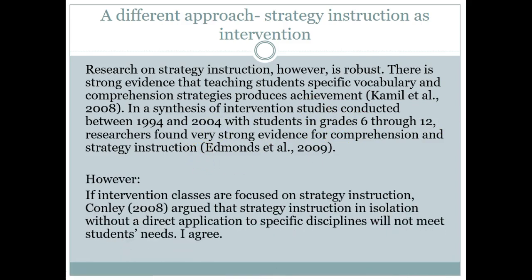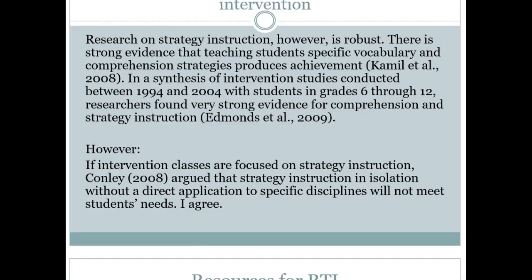However, they do give you the caveat that you can teach strategy instruction until you're blue in the face, but if you teach it in isolation without a chance to apply it, then students' needs will not be met. So when doing strategy instruction, remember that principle of making your instruction interactive. Students are doing the reading and the thinking and the discussing and the manipulating and the processing, okay?